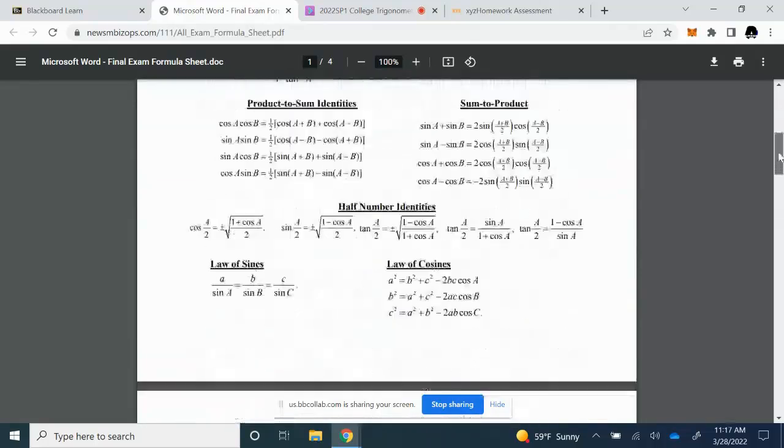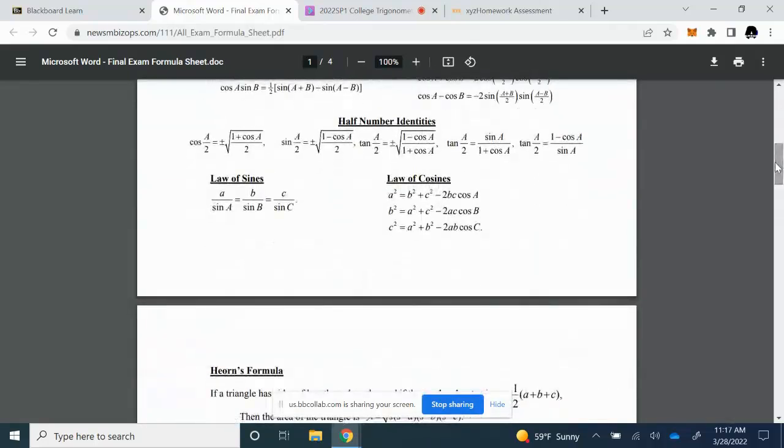On the first page at the very bottom, the last time we met, we talked about the law of sines and the 4 cases, the data required to use the law of sines. Today we're going to talk about the law of cosines.